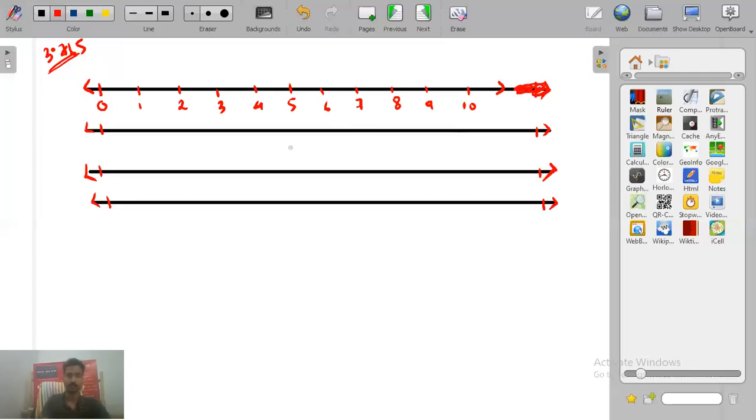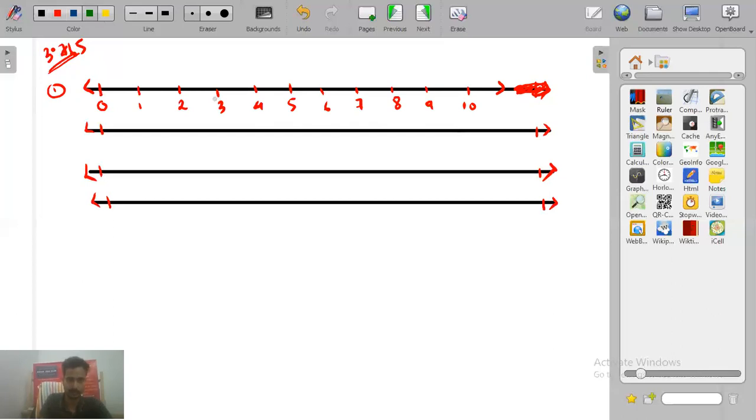Now see, this is the first step. Okay, so all of you write down this one like this. You have to plot 0 to 10. Now see, 3.765 will lie between 3 and 4. Yes. So just give an arrow mark like this.